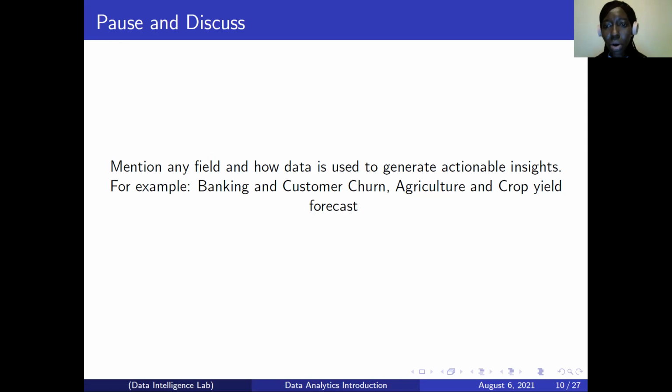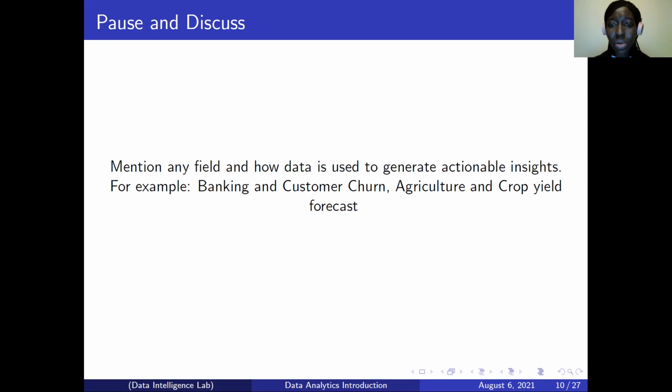Another example of actionable insights from big data can be in the area of agriculture, looking at various data from the agricultural farm yield and the weather and various features or characteristics that affect the yield of crops at a particular season.